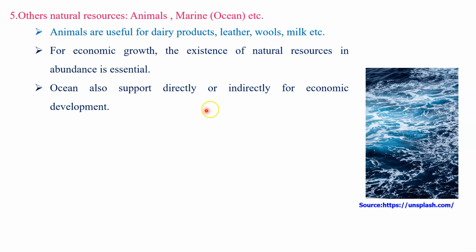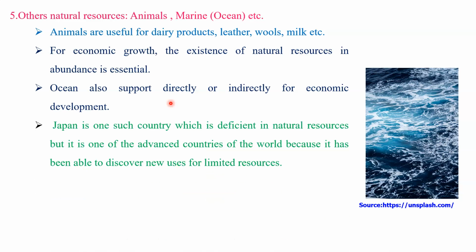For that purpose, the use of the ocean is very important. Then we get a number of resources from the ocean, like salt, and most coastal areas have storage of mineral oils. So the use of ocean water is very important, and directly or indirectly supports the economic development of the country.